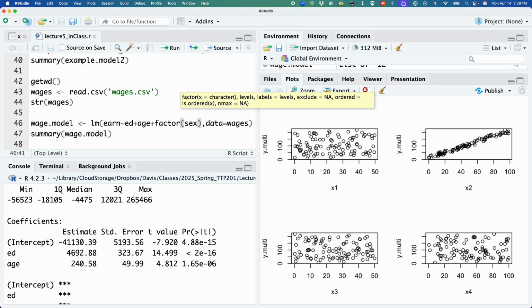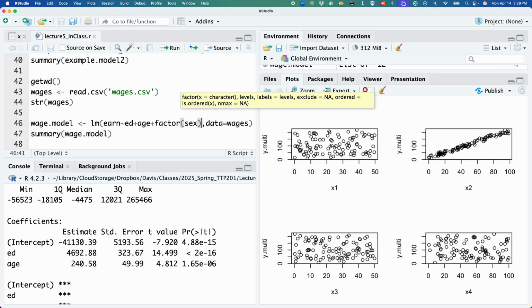Okay. And so because the gender variable is not like a continuous variable, it is a discrete variable. In this case, it is a dummy variable, as we just discussed. You can't do the math for data that's numbers and then male, female. You don't know how to do that, right?